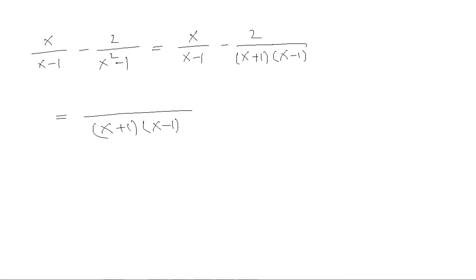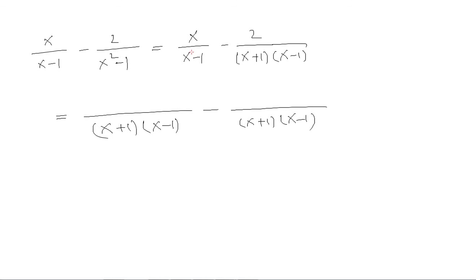My next step would be, so I can write this minus 2 over x plus 1 x minus 1. I am modifying my two fractions without changing their value so that they have the same denominator. Then I can do the subtraction.